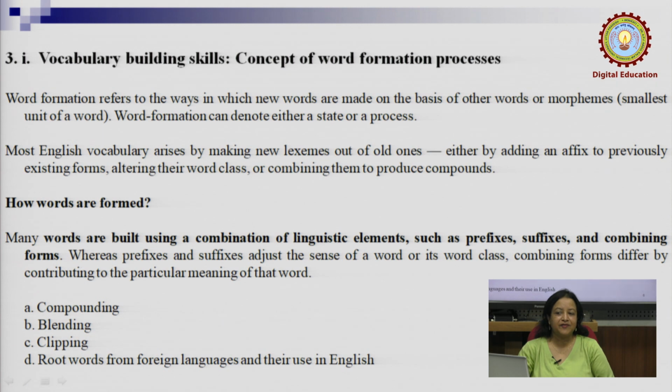Combining forms differ by contributing to the particular meaning of that word. So, we have three ways to form words. One is compounding, second blending, third clipping, and root words from foreign languages and their use in English.